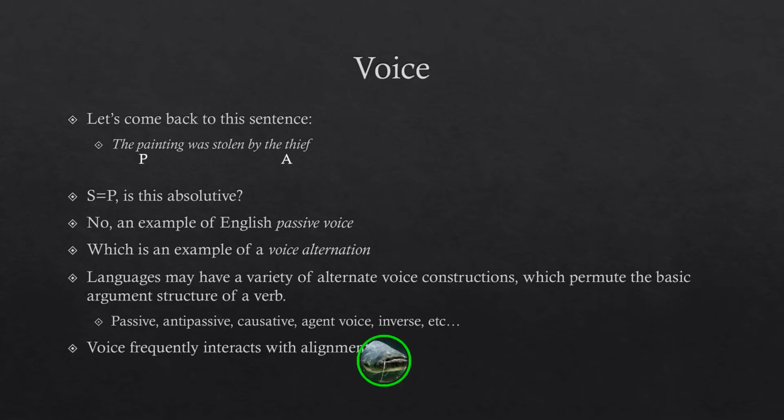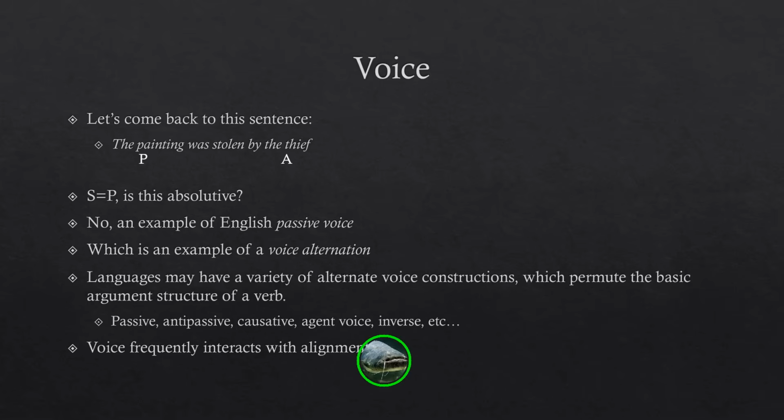Causative. A lot of languages will let you just causativize verbs and turn, for example, "the water boiled" into "I boil the water." That second one is a causative. It's more a property of the verb itself than of something we're doing to it, but you could still maybe think of that as a voice alternation.